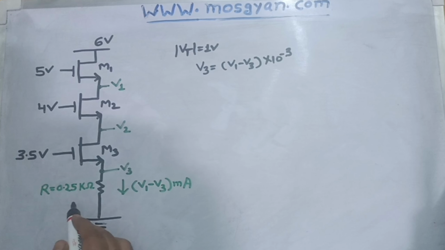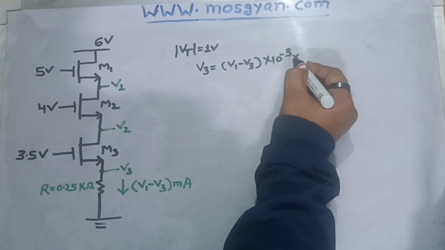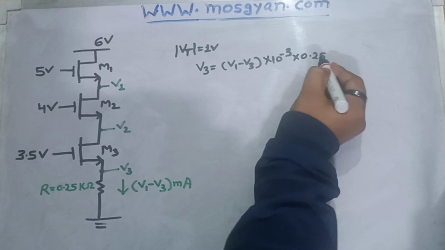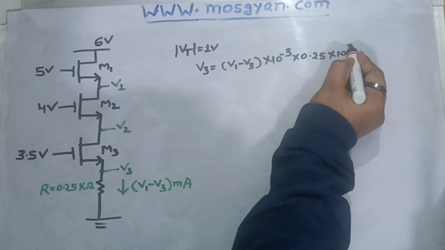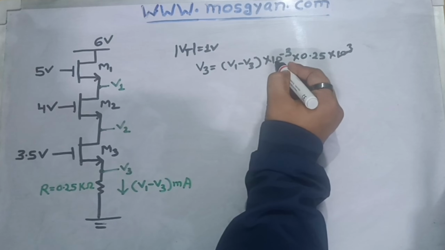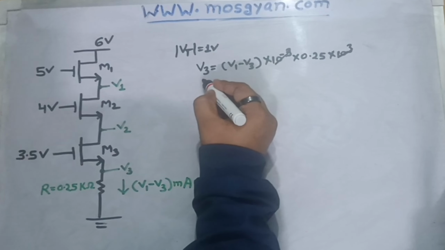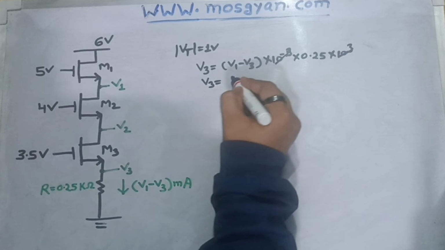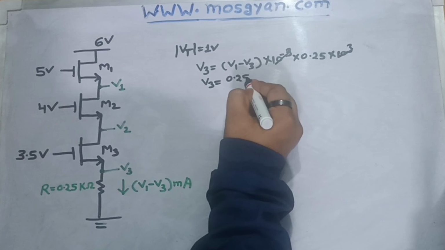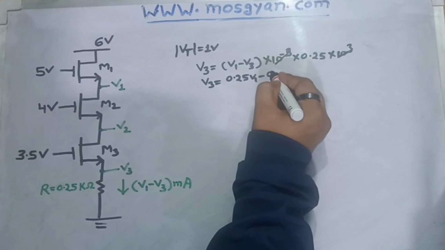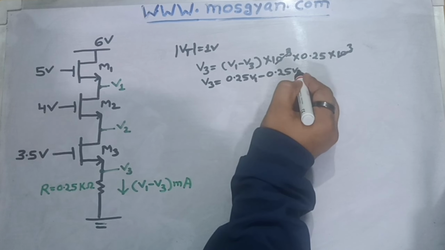And the resistance is given to us as 0.25 kilo ohms, so I can write this as 0.25 into 10 to the power 3. So this 10 to the power 3 and 10 to the power 3 will get cancelled out, and I will get V3 is equal to 0.25 V1 minus 0.25 V3.